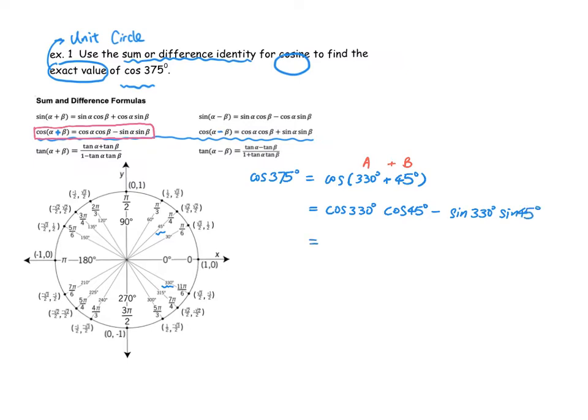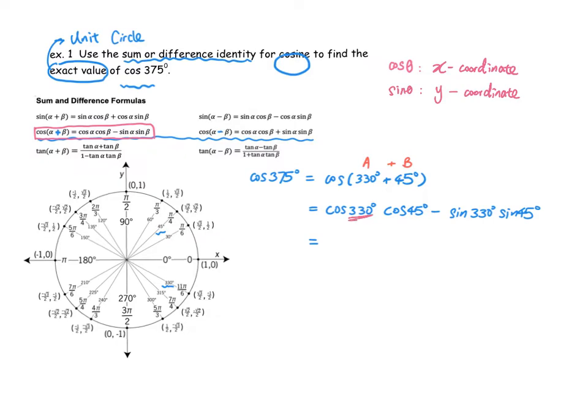How do we find those values on the unit circle? Just a quick review: when you see cosine of a number on the unit circle, that is the x coordinate. If you see sine, that will be the y coordinate. I know some of you can find this really quick.